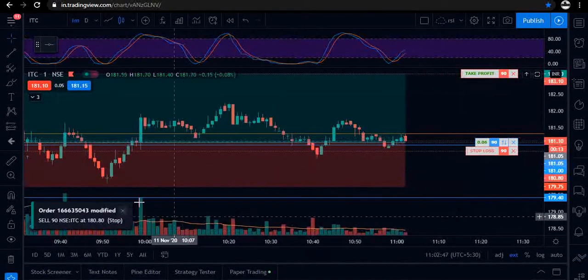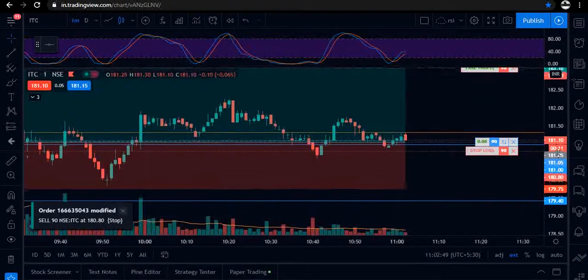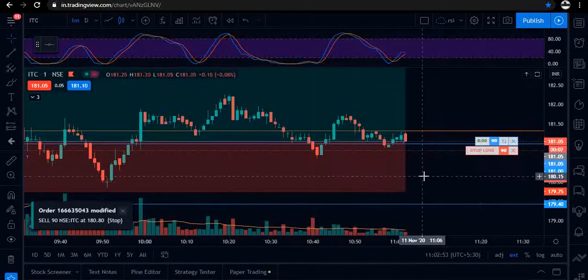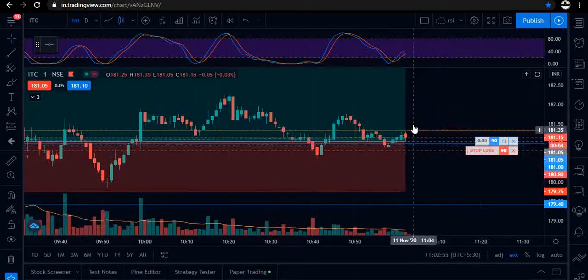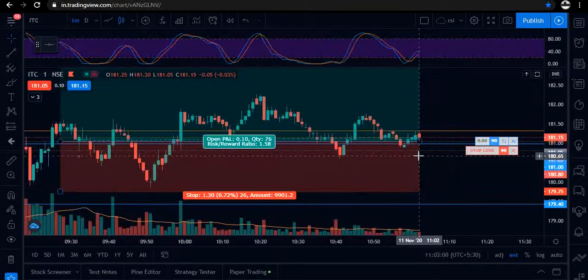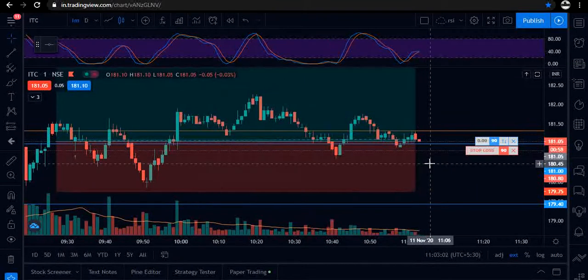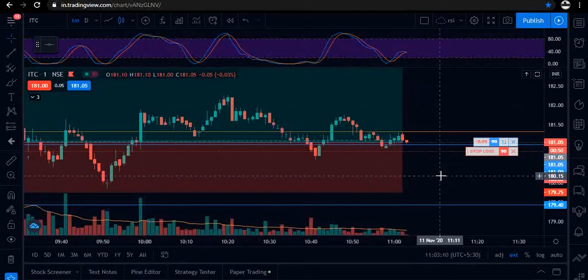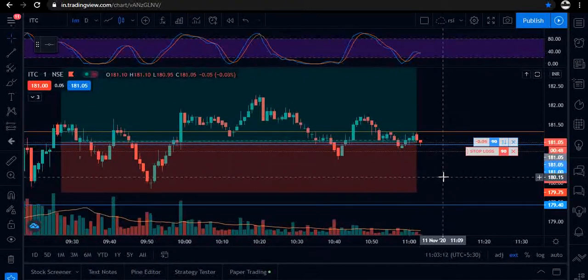Okay traders, our order has been modified, and here you can see. So this is it, traders. If it comes more downside, we are booking our loss with a small loss, because we don't want to take a huge loss, so we are ready to accept this small loss. Okay traders, it is now coming near to our stop loss also.